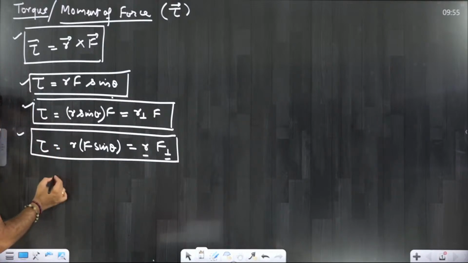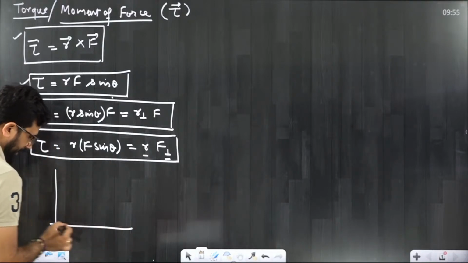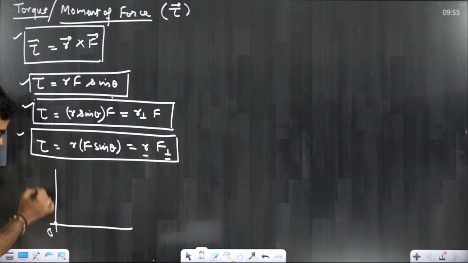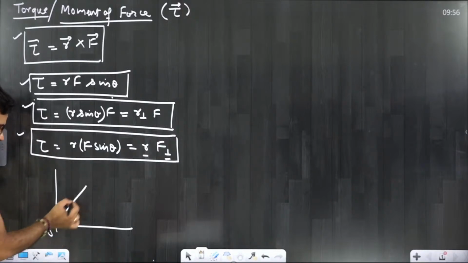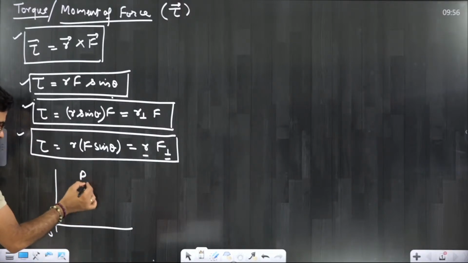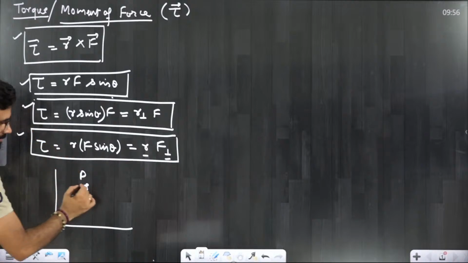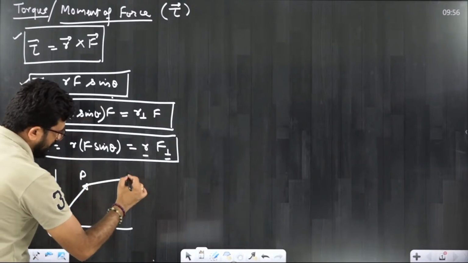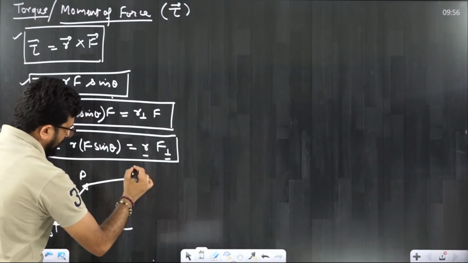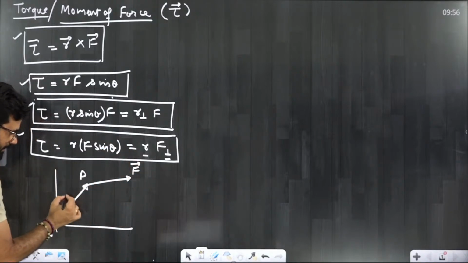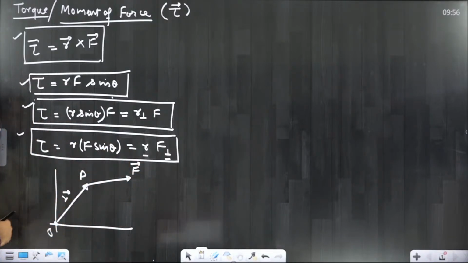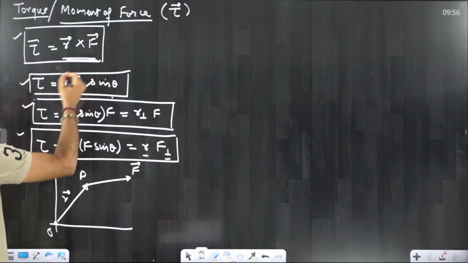Suppose there is a point, I am taking this as O. From this O at position r, this point is P. At this position a force is acting, and this is the r vector and this is the force vector. We want to calculate the torque about O. That is our intention. So what is the meaning of torque about O?